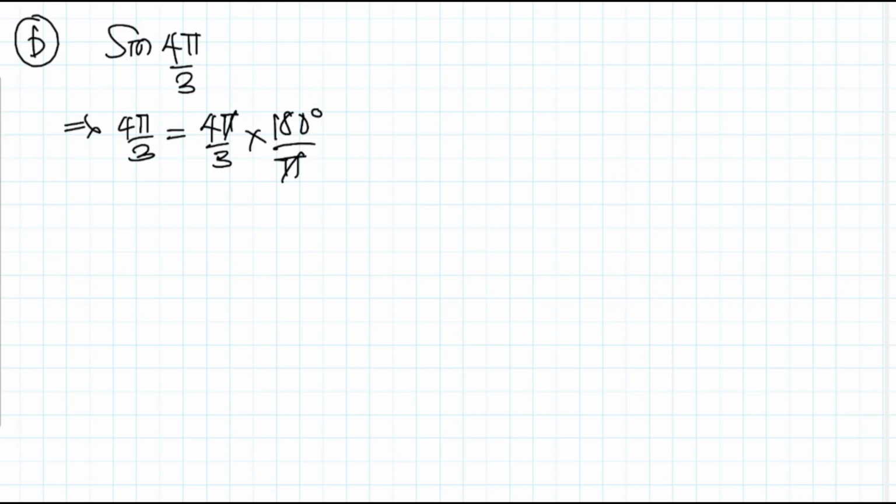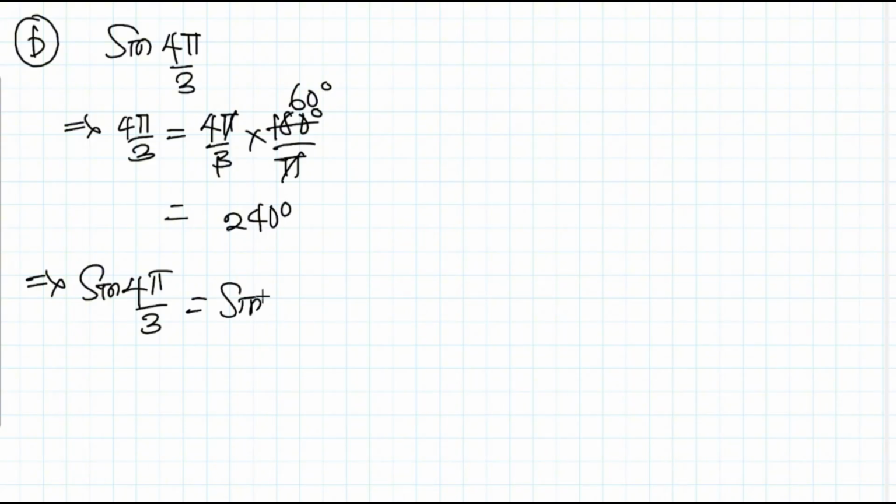So pi cancels this, and then this is 60 degree. So we have 240 degree. So this implies that sine 4 pi over 3 equals sine 240 degree.